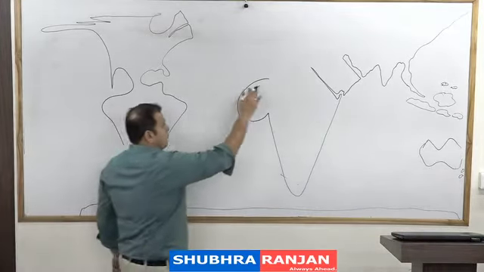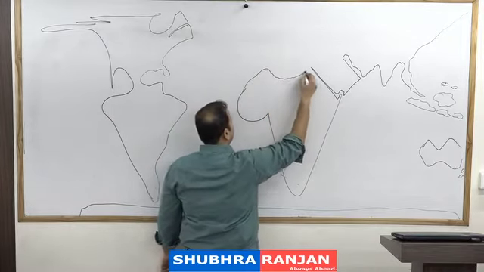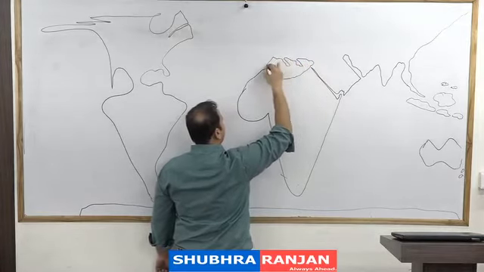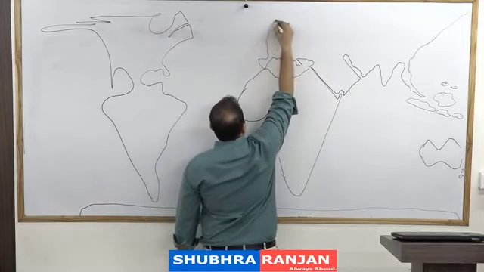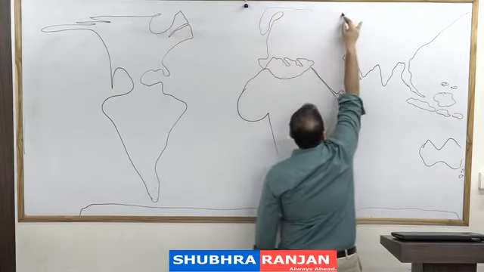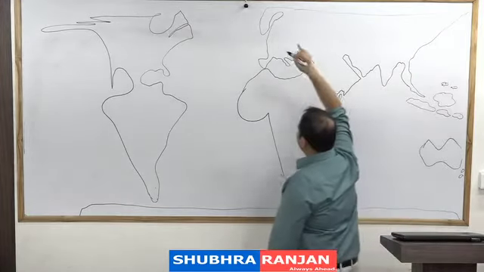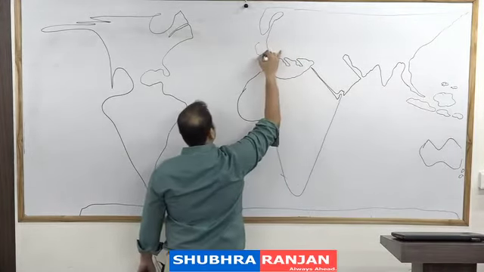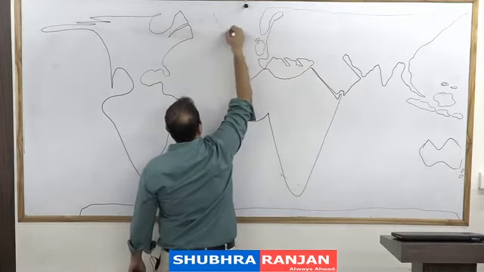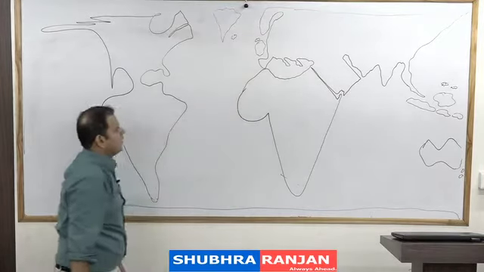Now after Africa, when we go up, we have this part as Europe. Examples of countries in Europe: France, Germany, etc. And one of the countries is UK. The other country is Iceland, and this part is Greenland.